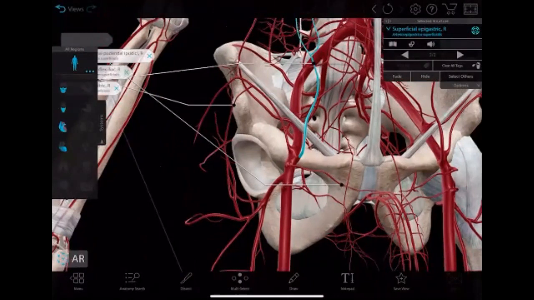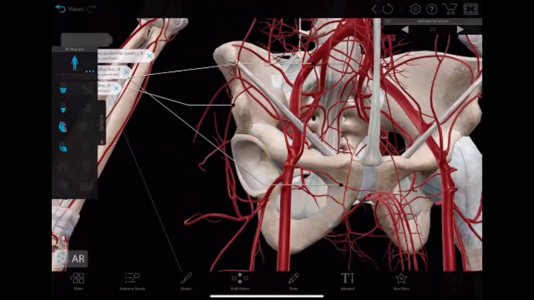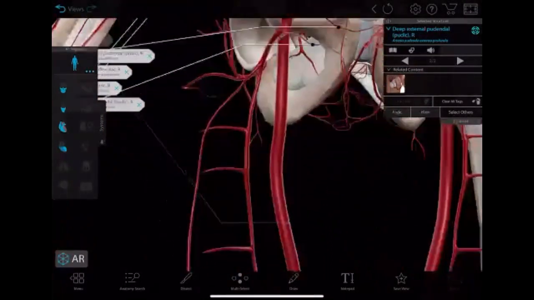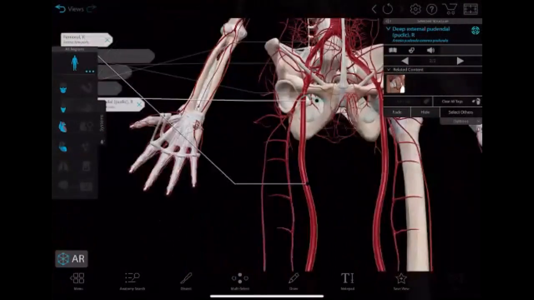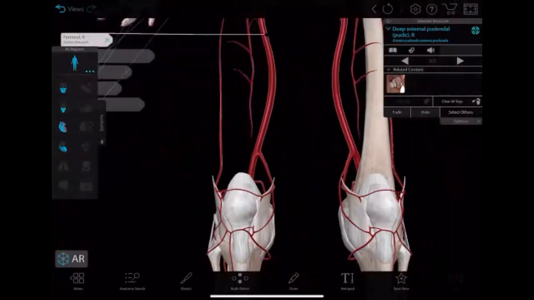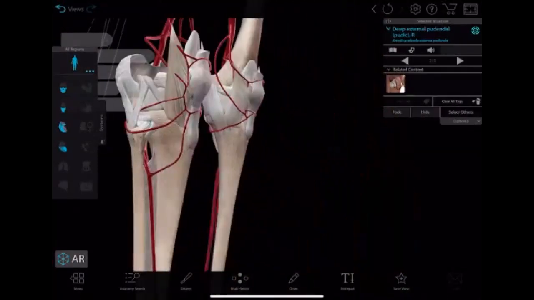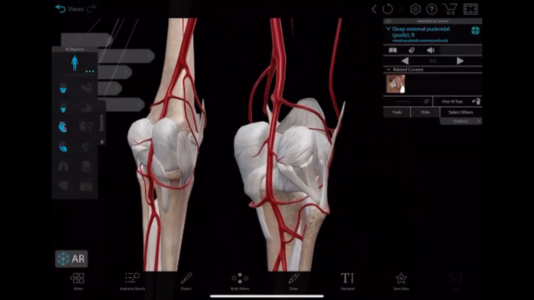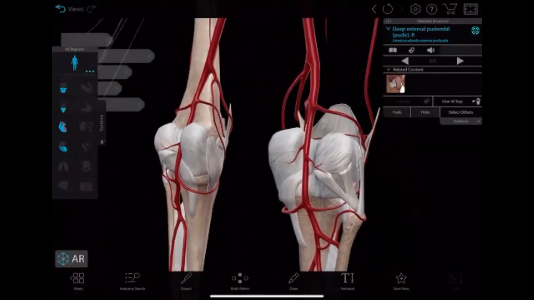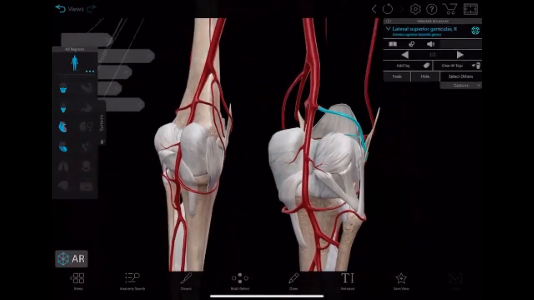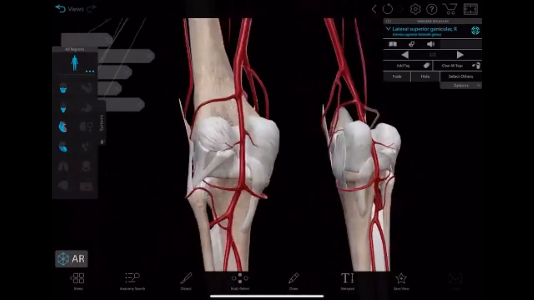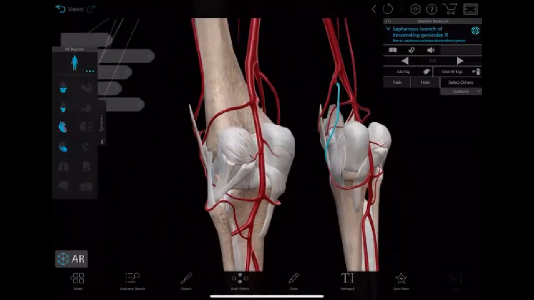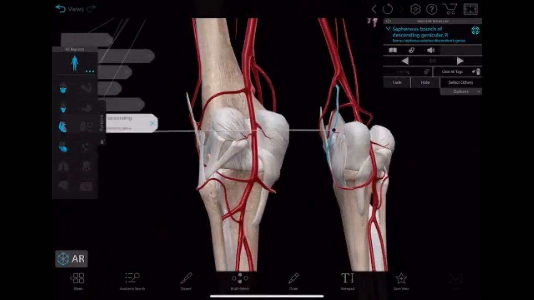There is no deep external pudendal here, right? So this one is the superior lateral genicular artery. This one is the descending genicular artery, right?